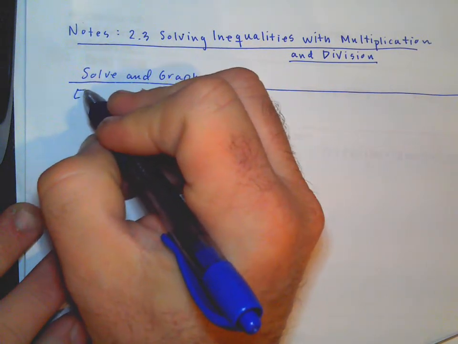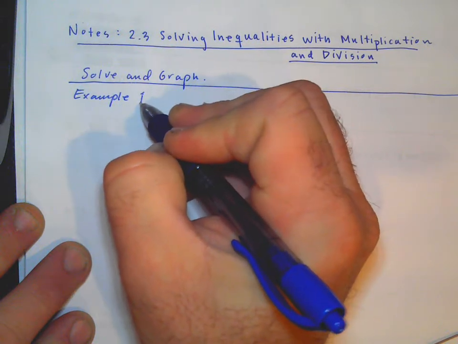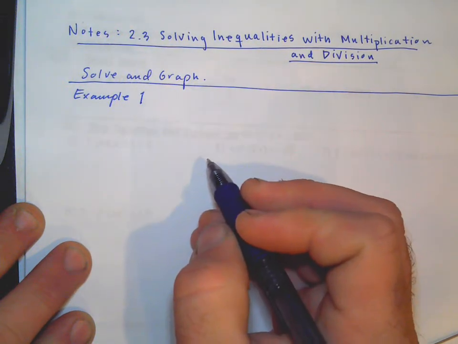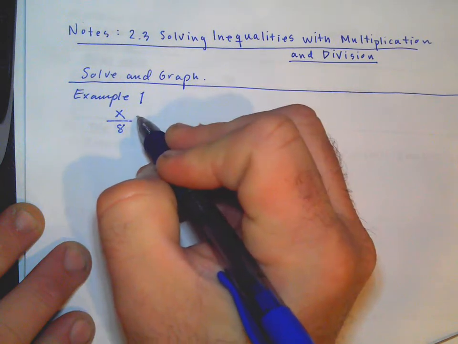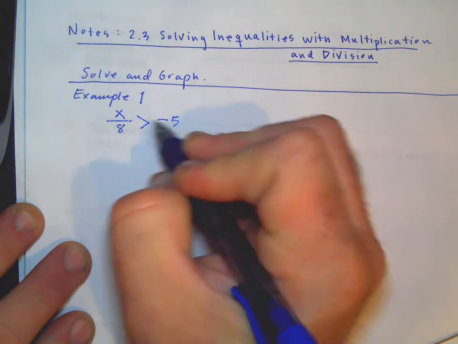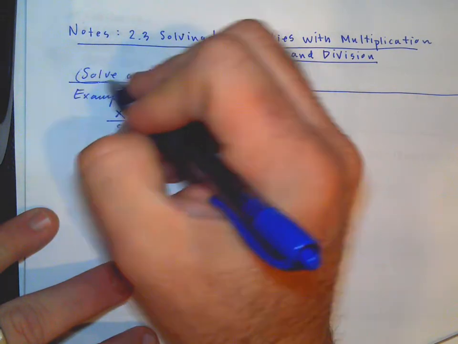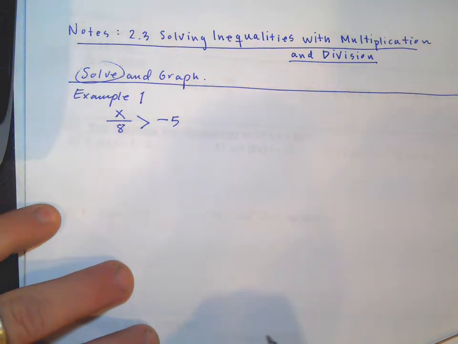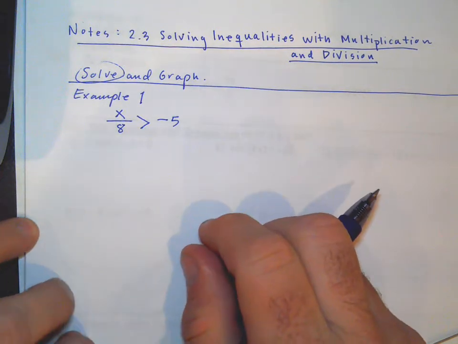So let's see. Example 1. X over 8 greater than -5. So we're trying to solve, which means we're trying to isolate the x, get the x by itself, get something that describes all possible values of x that would make this true.